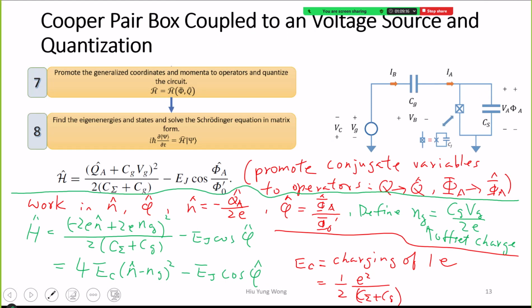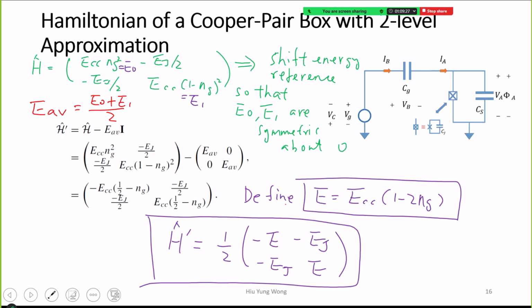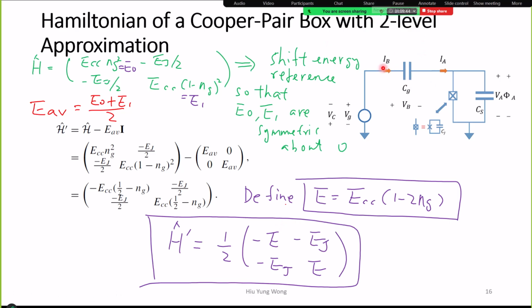All we have done is just start from this Hamiltonian and then represent it in the number basis. We go through all the equations we learned earlier and do an energy shifting. We come up with something very neat. H dash equal to negative E, and then negative EJ, half. Is this clear? Any questions?